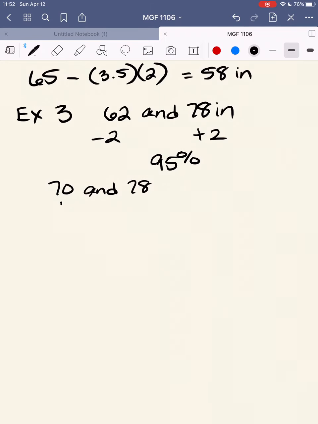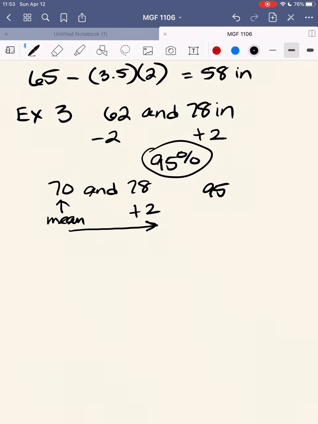If I'm looking at 70 and 78 inches, 70 is my mean. 78 is 2 standard deviations above. This part this way, if it was the other direction too, is my 95%. But I'm only going one direction. I'm going from my mean, 2 standard deviations above only, but not below.